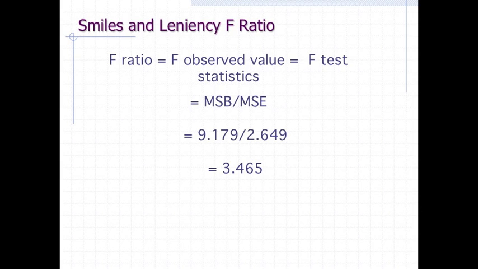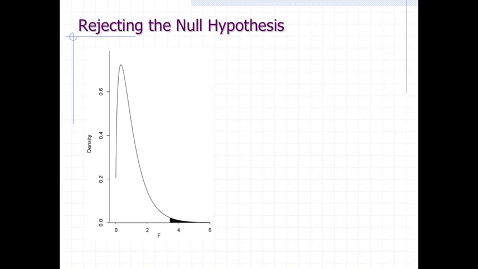For these data, the F ratio is 9.179 divided by 2.649, which equals 3.465. Therefore, the MSB is 3.465 times larger than the MSE. Would an F ratio as large as the F of 3.465 that we just calculated have been likely to have happened if all the population means were equal?